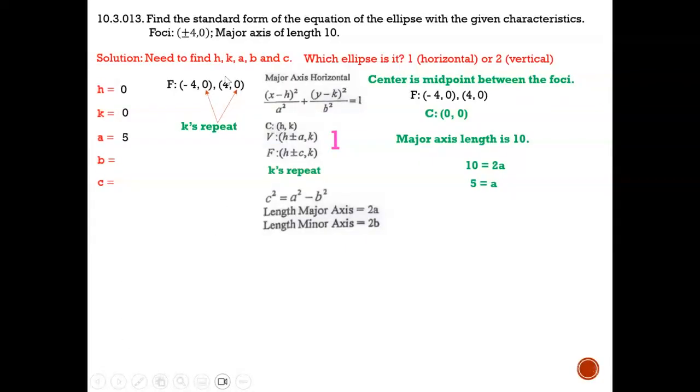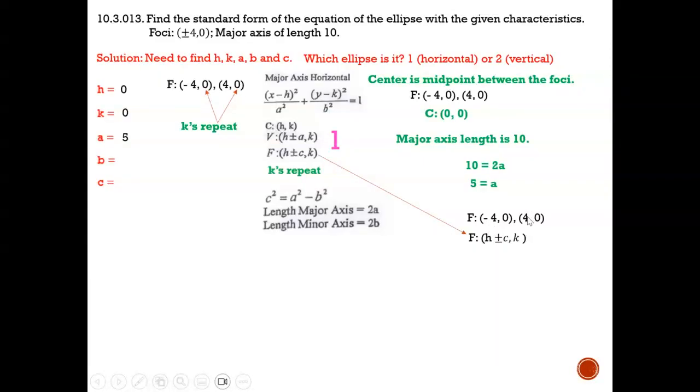Now, from the foci, we can find our c. We have negative 4, 0 and 4, 0. The foci are h plus or minus c, comma k. Like I said, I don't have to do both of them. If you do the subtraction, it's going to be the lower h value for the foci.